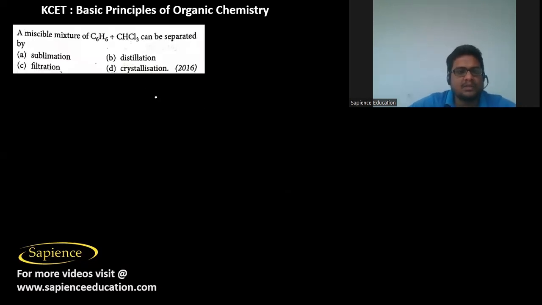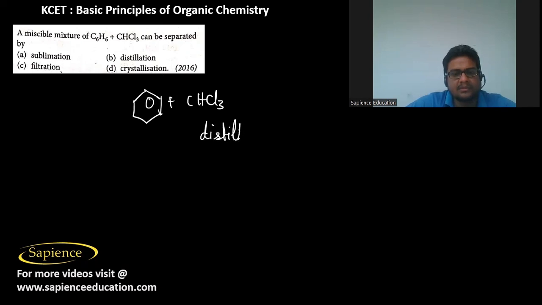When it is told a miscible mixture of C6H6, which is benzene, and CHCl3 can be separated by, so this mixture can be separated by using the distillation process only, since they will have different boiling points.